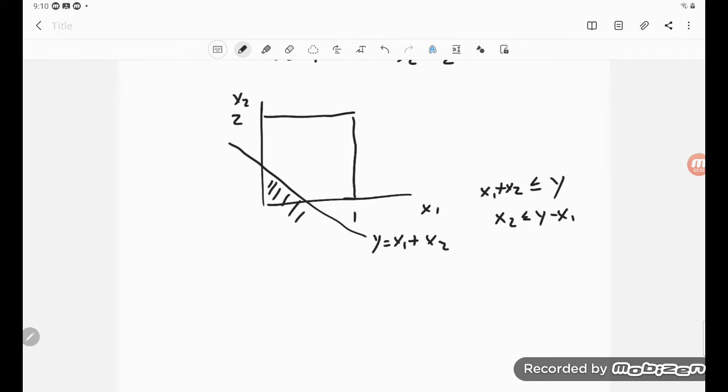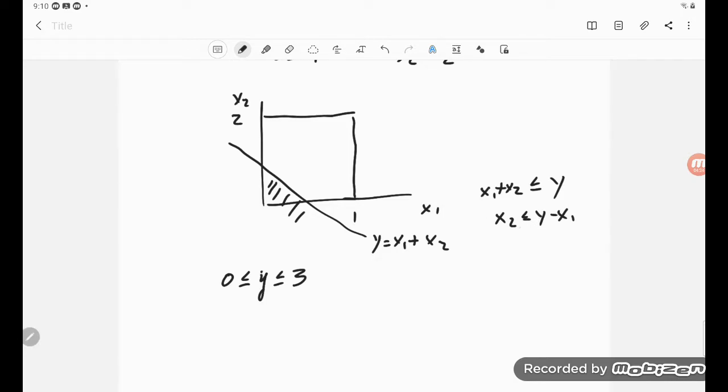We also know right away that y is between 0 and actually 3, because x1 can be as big as 1 and x2 can be as big as 2.